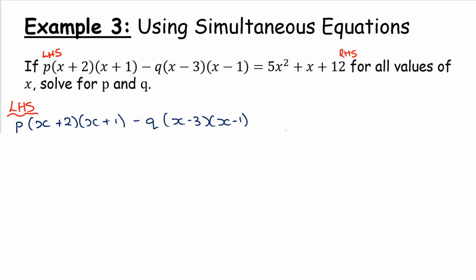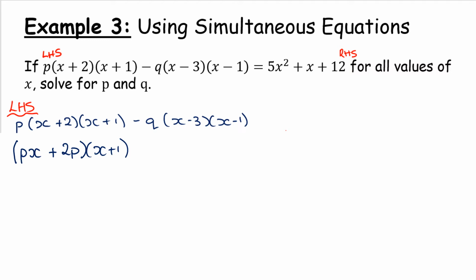When you're multiplying 3 terms, it's important to remember that order does not matter. So if you decide to multiply the first 2 terms and then your answer by the third, or if you decide to multiply the second and third term and multiply your answer by the first, that's absolutely fine. So what I'm going to work with here, I'm going to multiply in the p first. So I get px plus 2p times x plus 1.